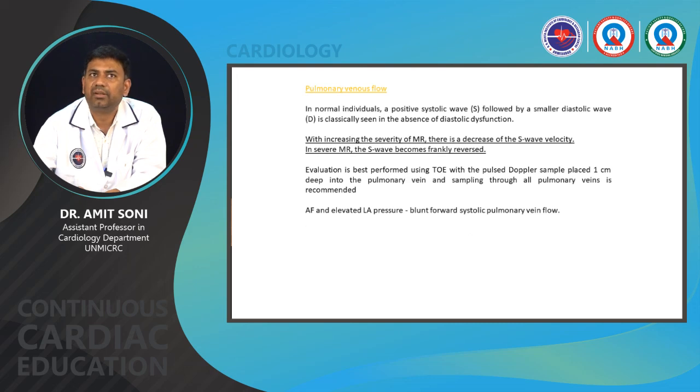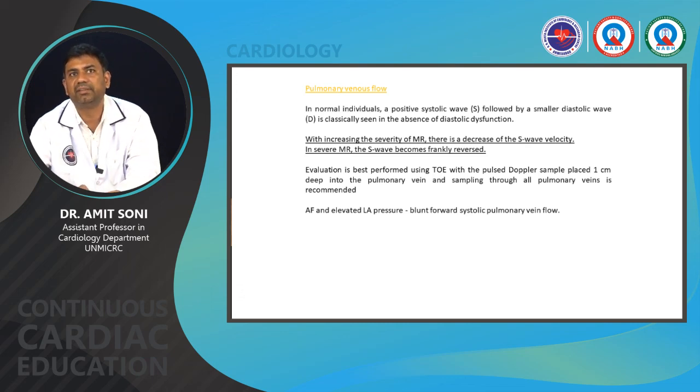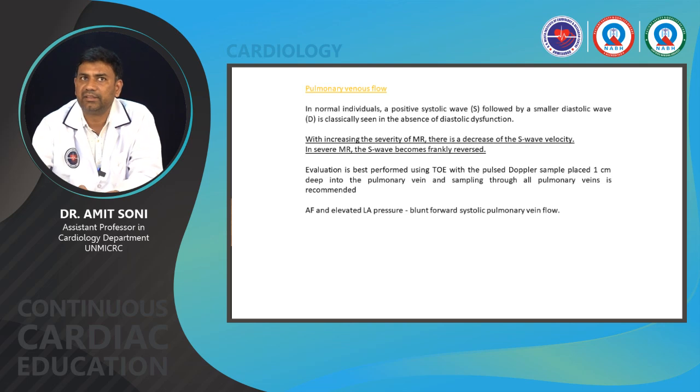Pulmonary venous flow. In a normal individual, a positive systolic wave S followed by a smaller diastolic wave D is classically seen in the absence of diastolic dysfunction. With increasing severity of mitral regurgitation, there is a decrease of S wave velocity, and in case of severe MR, the S wave becomes frankly reversed. So there is a reversal of the S wave in severe mitral regurgitation in pulmonary venous flow.